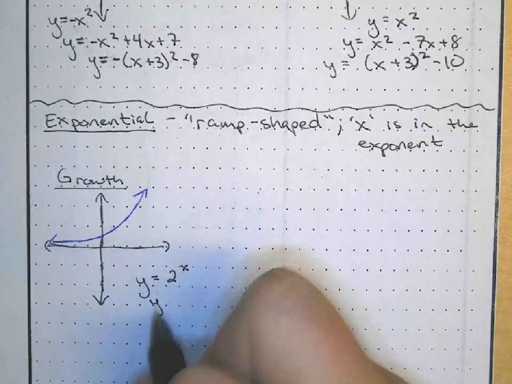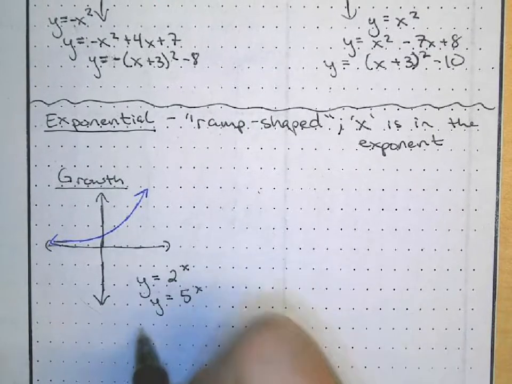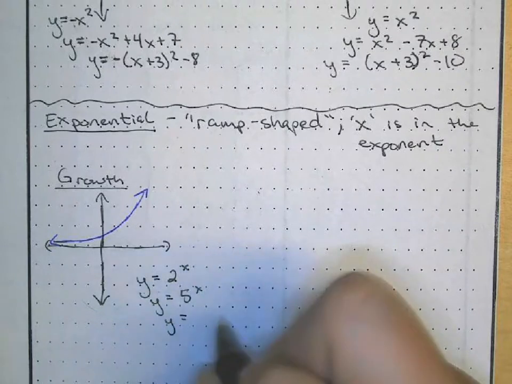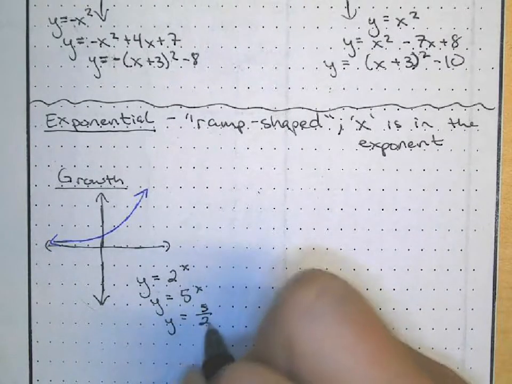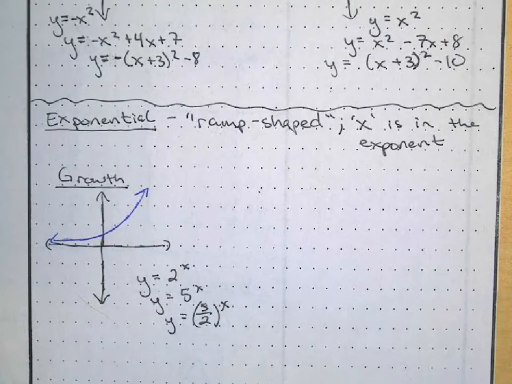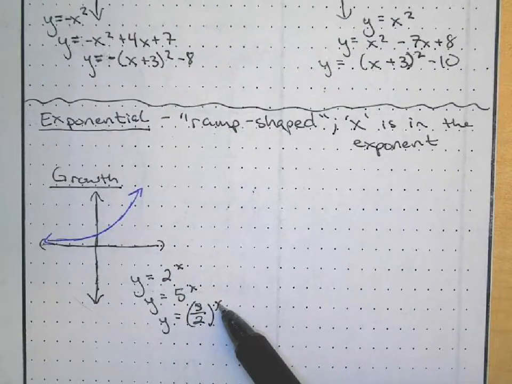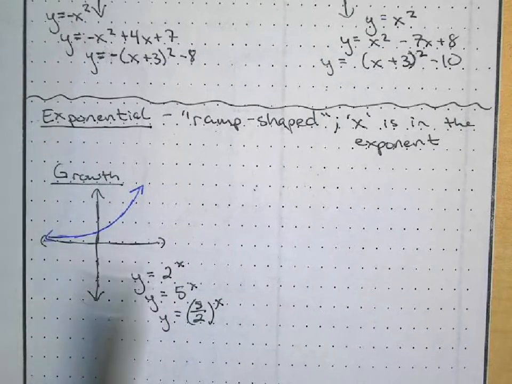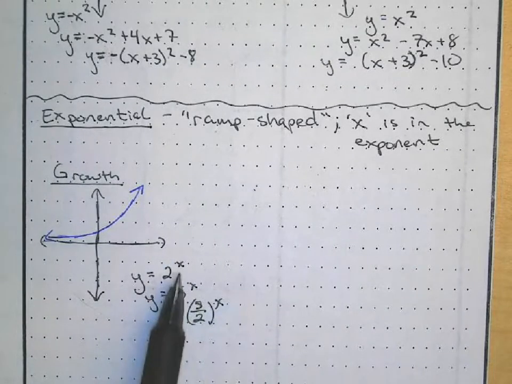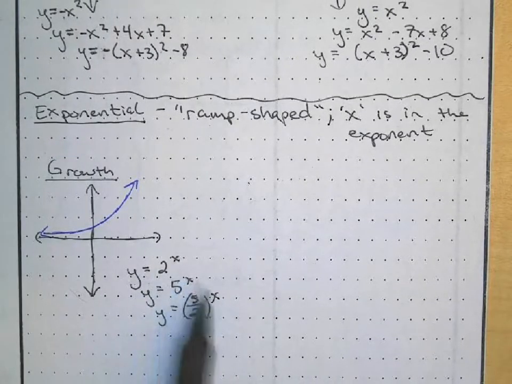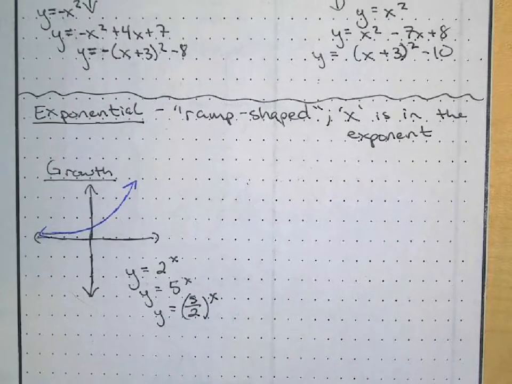So 2 to the x, 5 to the x. It can be a fraction, but fractions can be greater than 1, so you could have y equals some improper fraction raised to the x. Most important is exponential: x is in the exponent. So when you have an exponential function, your x is in the exponent.